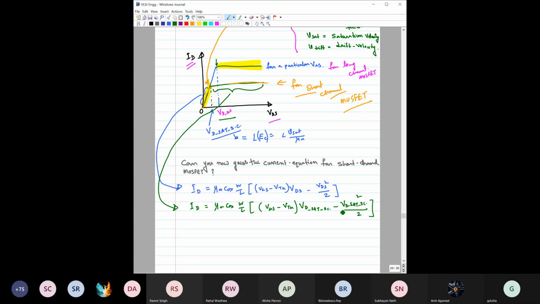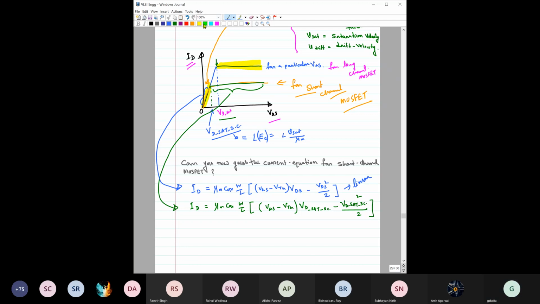Yes, sir. So again we have a relation for current, gate voltage and drain voltage for the long channel. Now we also have it for the short channel. So this expression is for the linear region and this is for the saturation region.